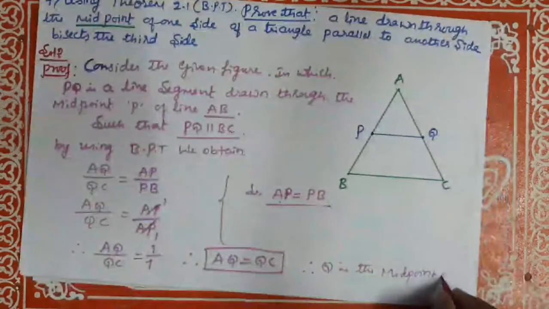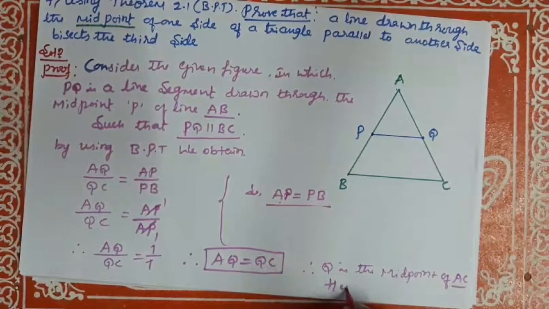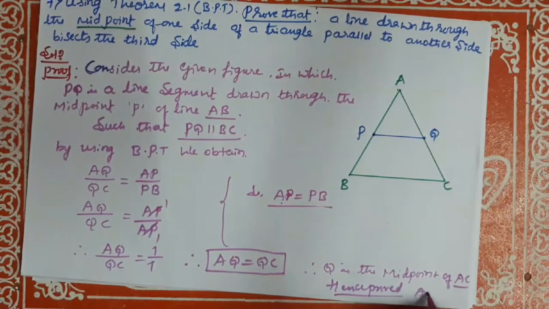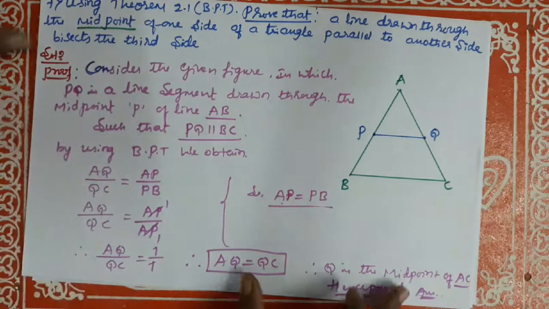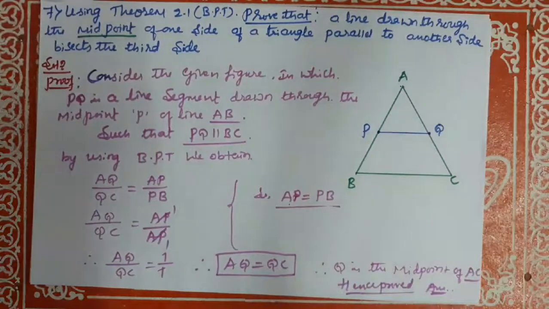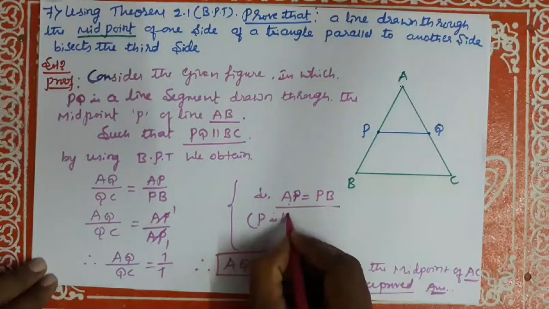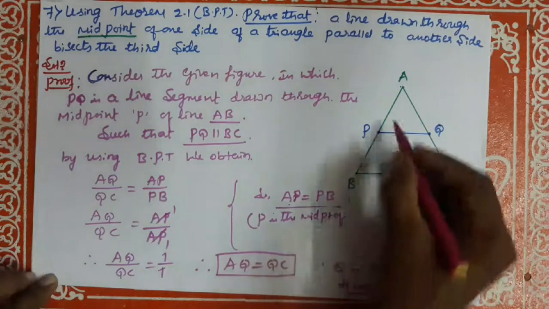Hence proved. This is the answer. Here I will write: P is the midpoint of line AB.